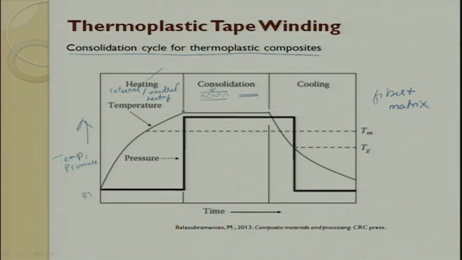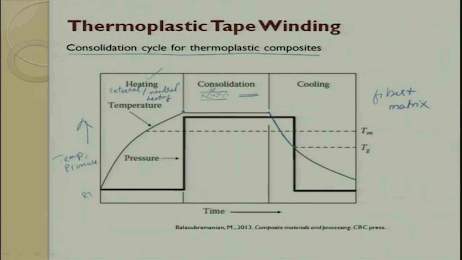That means the shape they had, or there will be a distortion in your product dimension and geometry. In order to avoid that, after the consolidation is over, they maintain some more time at that pressure itself, and during that period they keep reducing the temperature.